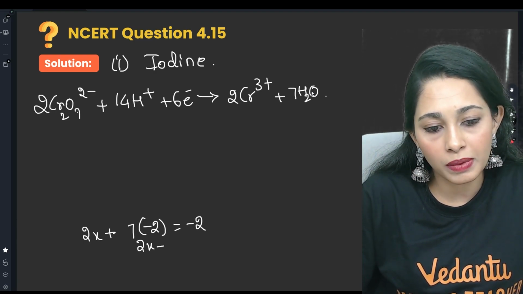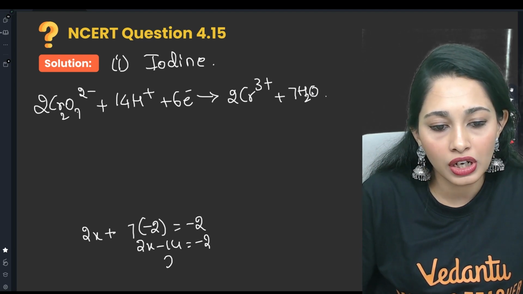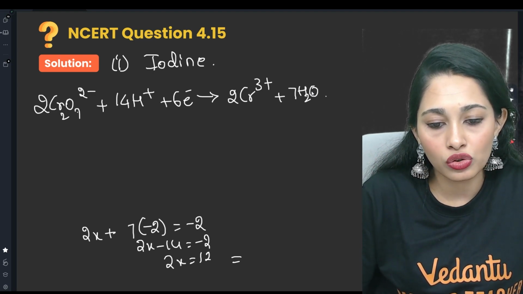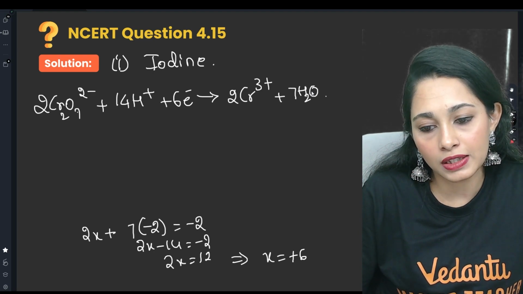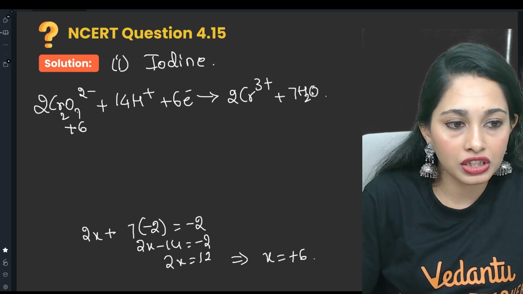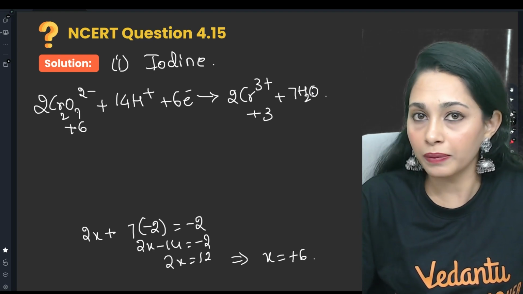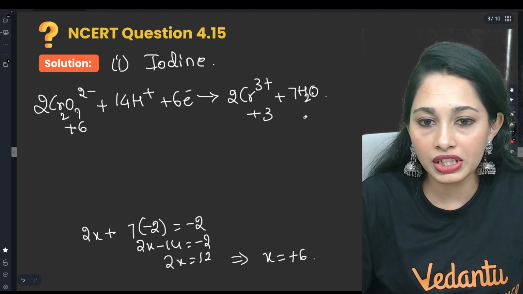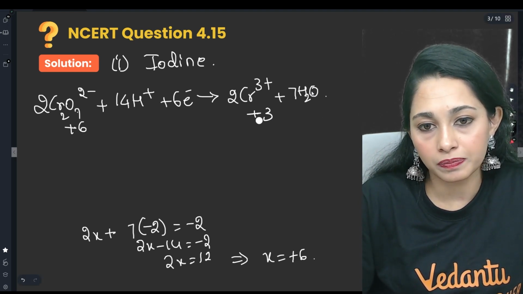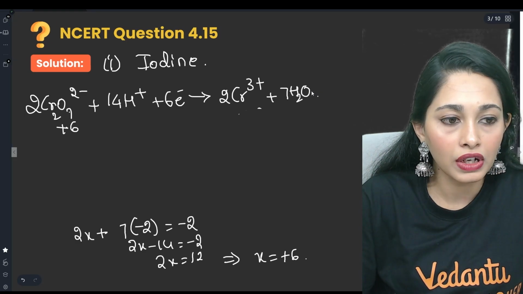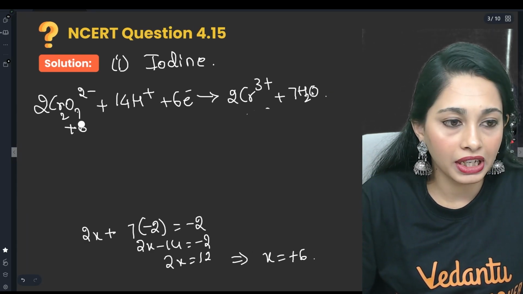So 2x minus 14 is equal to minus 2, 2x is equal to 12, so x is equal to plus 6. So here plus 6 oxidation state has become plus 3. So the oxidation state has been changed, and addition of electrons is happening here.